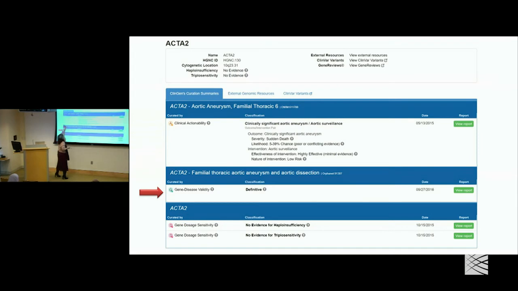But if your gene is on there, in this case ACTA2, it will be shown for the different gene level curations. Perhaps actionability has been done, dosage sensitivity from our cytogenetic group, and then here is the gene disease validity, which is what we're talking about today. And you can see ACTA2 in association with aortic aneurysm scores as definitive, as reviewed on September 16th, and you can click on that report and see it.